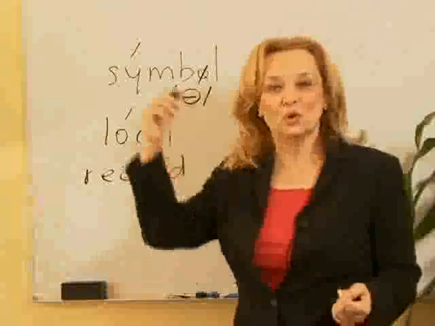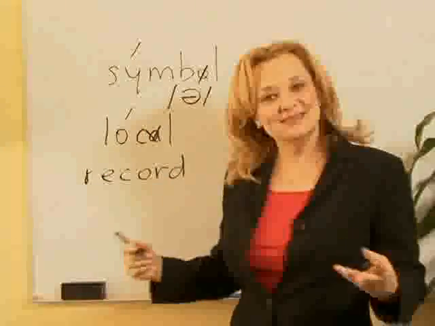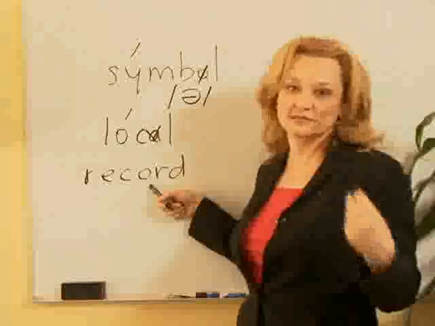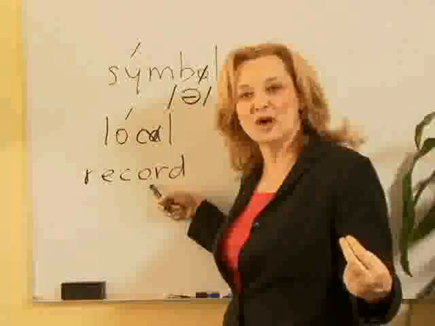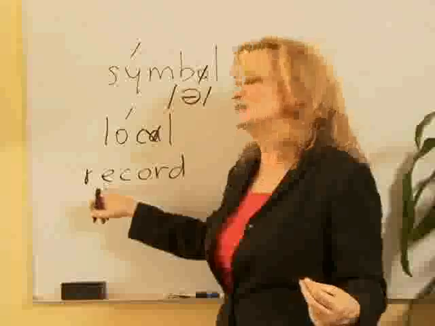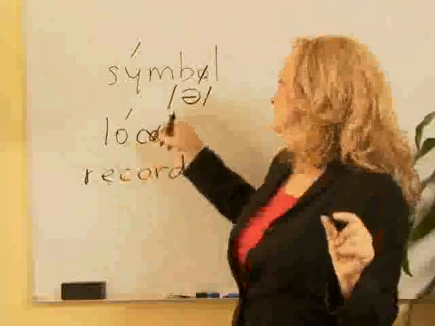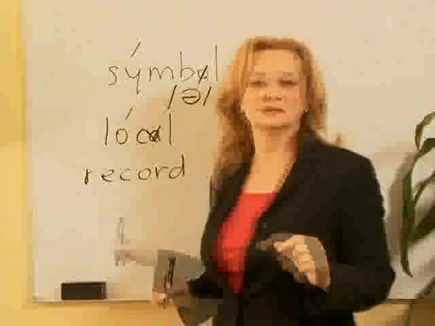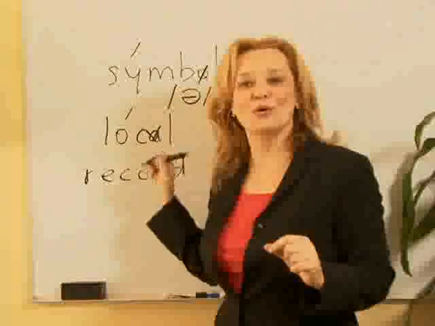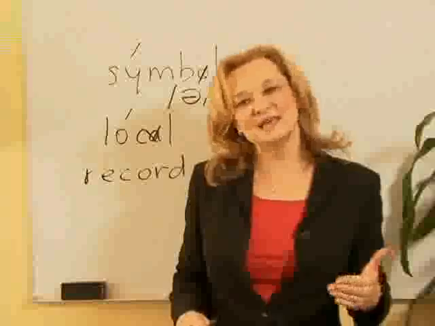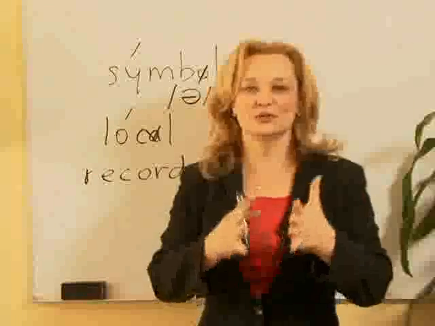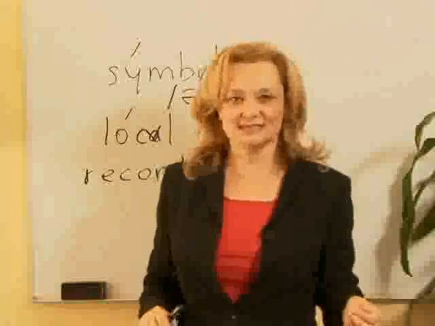I'd like to record my voice. In that case, the O is fully pronounced. It's prolonged and it's stressed. And this part now becomes short. It almost disappears and it becomes the uh sound. Record, record. The same thing happens when words are reduced within sentences.